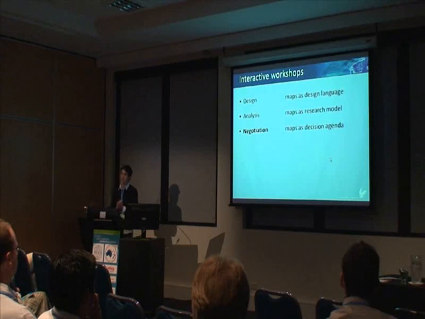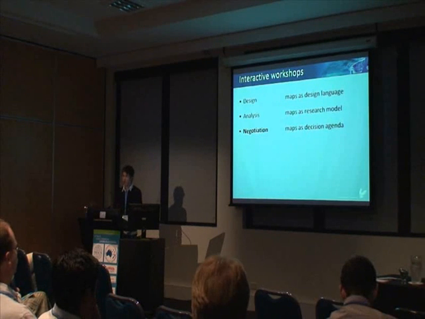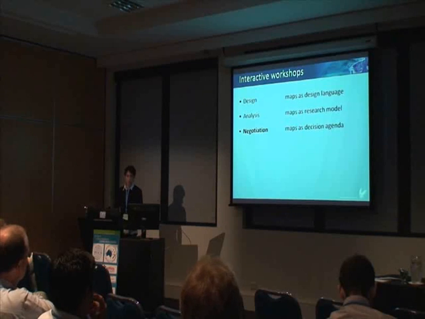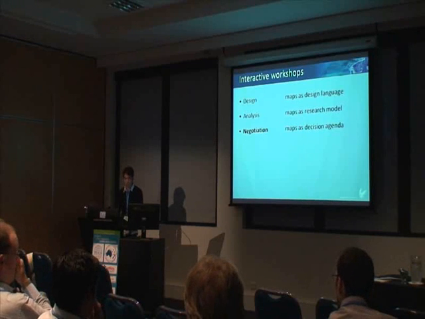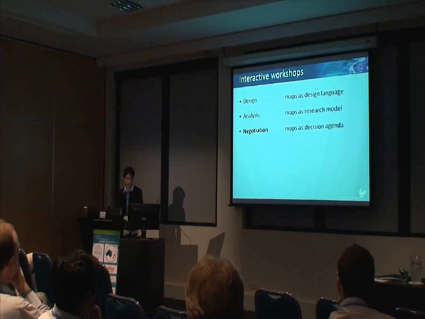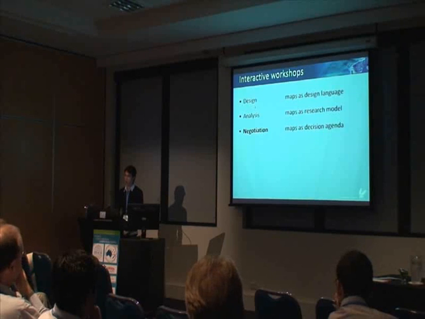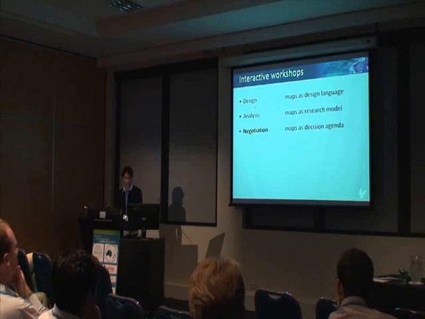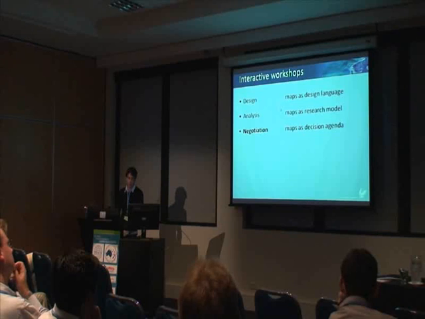Okay, and a very important part of our approach is the workshop sessions that I mentioned. So we have a series of interconnected workshops. Three of them are distinguished. The series starts with design workshops. And every workshop uses maps in a different way according to the literature. For the case of design workshops, maps are a given language. For analysis workshops, maps are used as a research model.